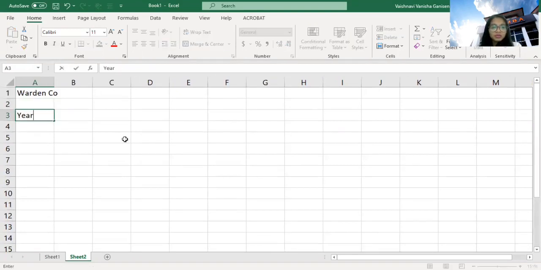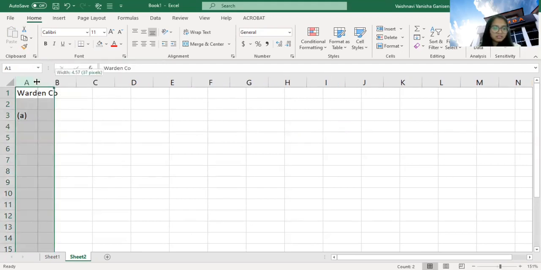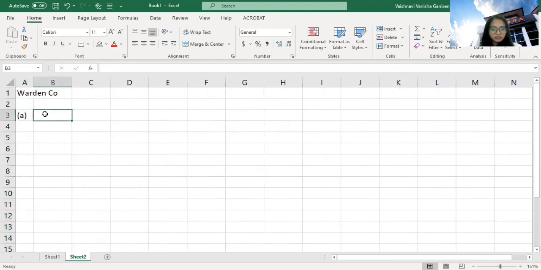Now, let's do Warden Co. This is part A. NPV. Okay. So you have year, sales, variable cost. Okay. In this question, does he have fixed costs? Yes, he has fixed costs. Operating cash flow.